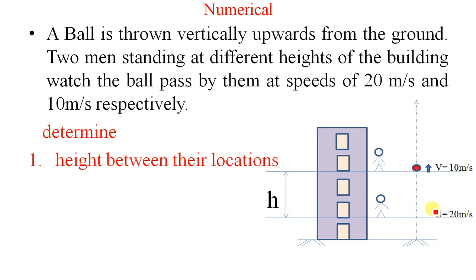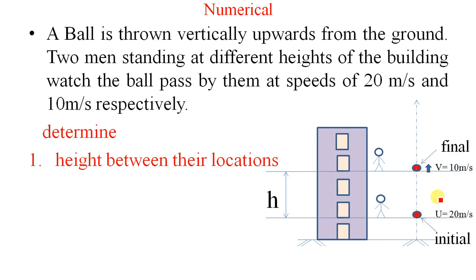Now here, this velocity is the initial velocity and this velocity is the final velocity. Are you agree or not? So which formula is useful? v is equal to u plus at, or s is equal to ut plus 1/2 at square, or v square is equal to u square plus twice of as. I think this last formula is useful because v square is known to us, u square is known to us, plus twice of as, where a is minus g, and yes, we can easily find it out.